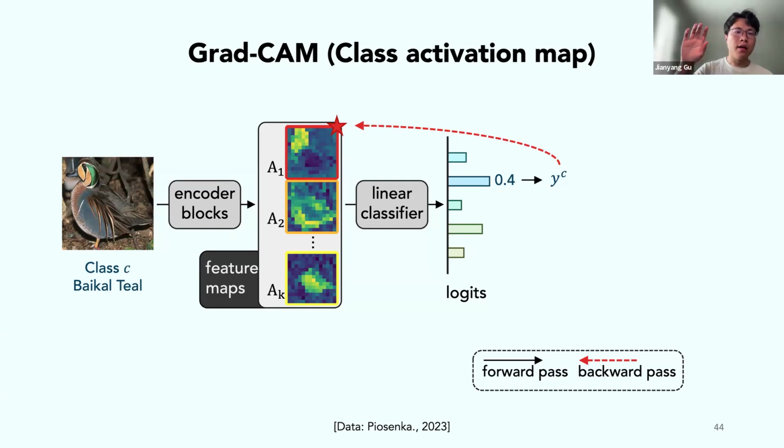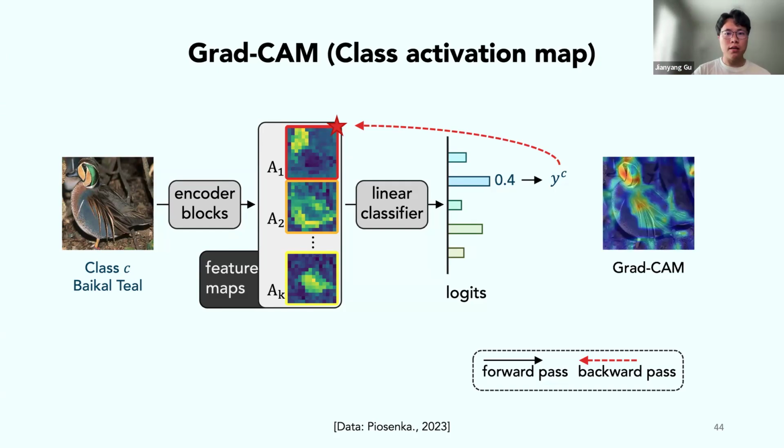We will say the first feature map maybe contributes a lot to the final score, and number two contributes a little less, and so on. So we give a score for each feature map. And eventually we aggregate these different feature maps with a weighted average to get the final activation map.